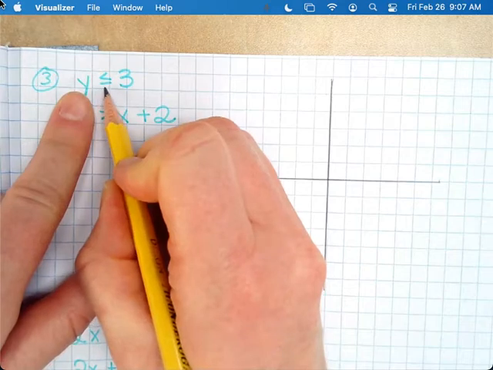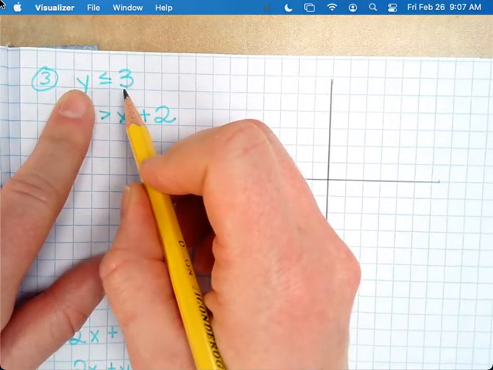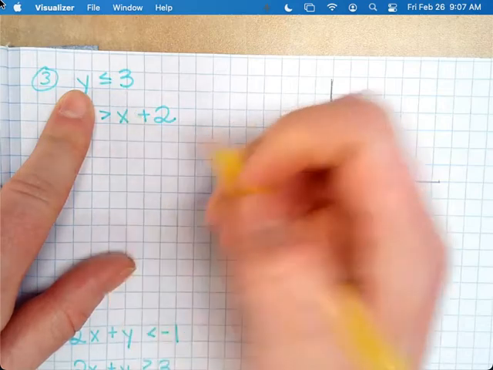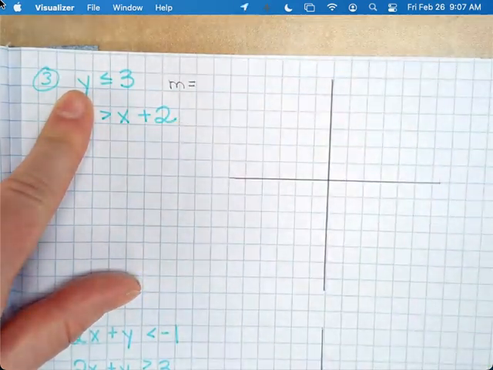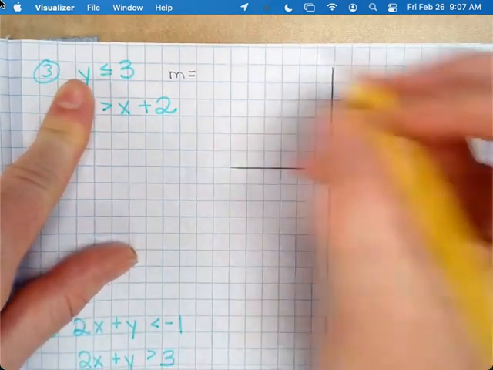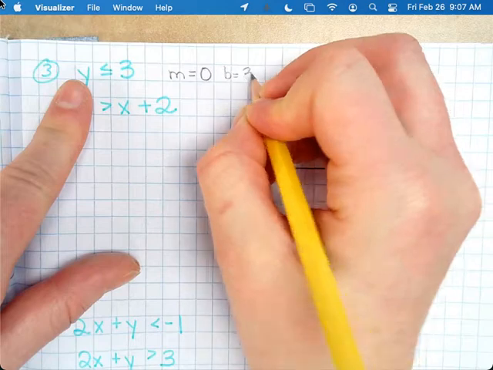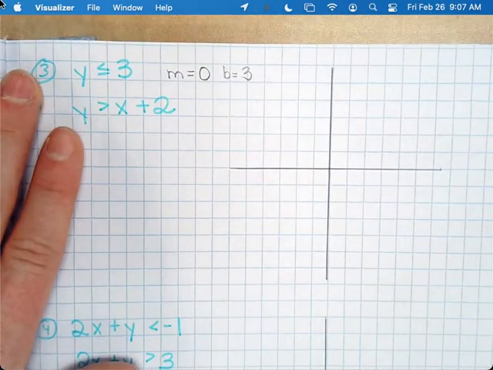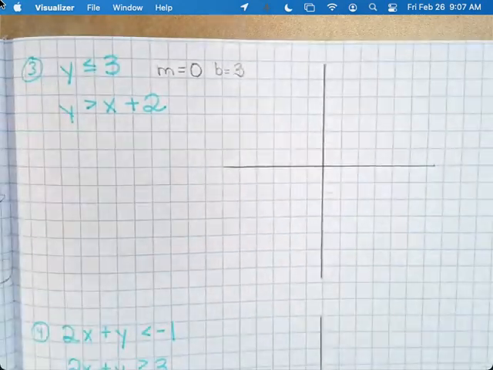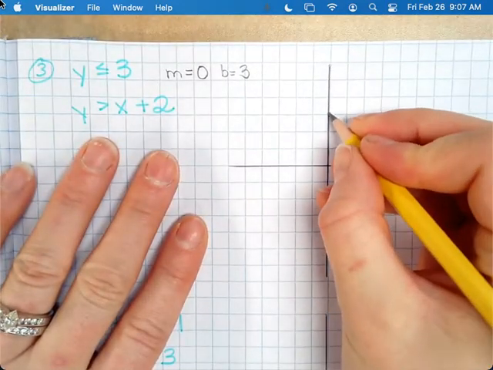Okay, so y is less than or equal to 3. So what is our slope on this one? 0. And what's our y-intercept? 3. Okay, so what kind of line is that going to be? Horizontal. Think about slope. So it's a horizontal line.